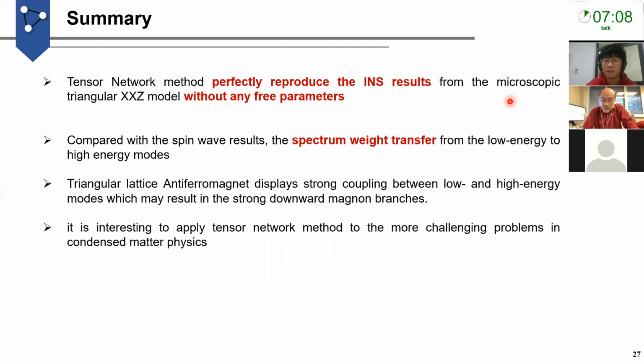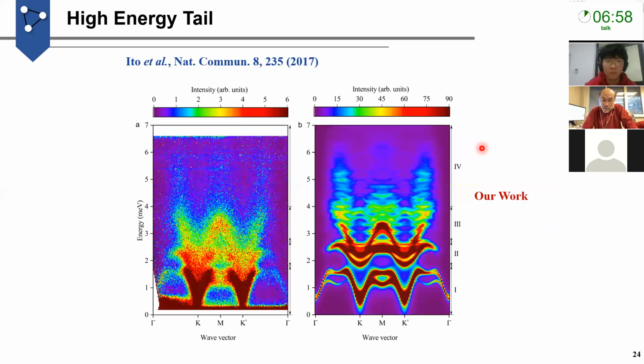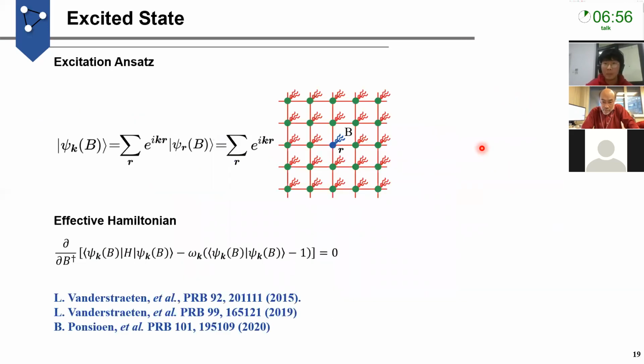Well, I have one question. Speaking about the construction of the excited state which has a certain momentum K, you put a B tensor at some point and take the linear combination. So it is natural that such a construction is quite efficient for excitations such as the spin wave, which is caused by local excitation and substitution.